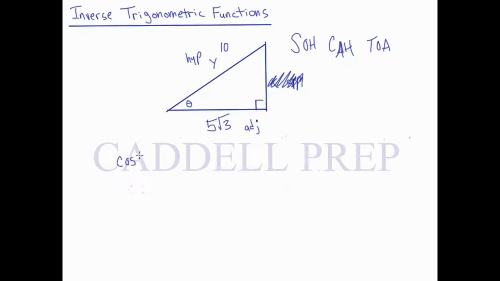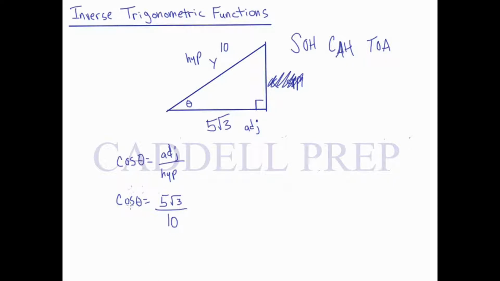So cosine of theta equals adjacent over hypotenuse. So cosine theta equals 5 radical 3 over 10.